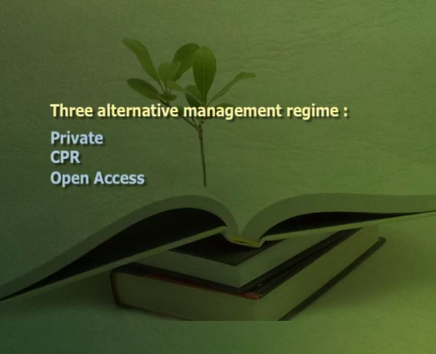Can one view a CPR regime as a case of scale economies? Here, both carrying capacity of the resource and efficiency criteria are to be considered. Consider for the moment three alternative management regimes: private, CPR and open access, leaving out for the moment the state as another alternative.